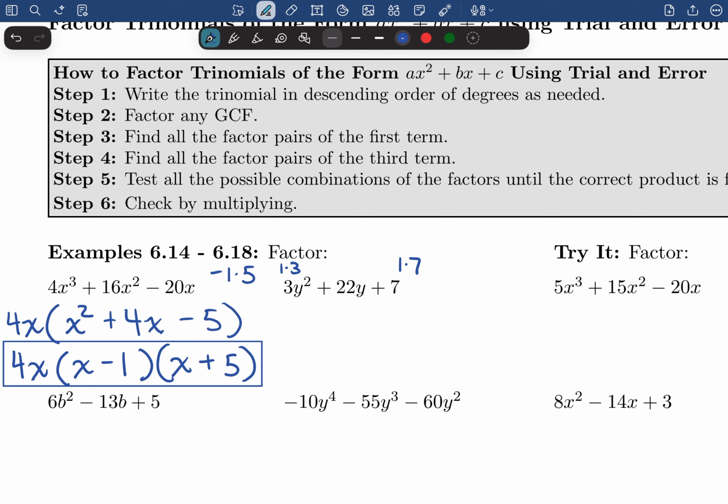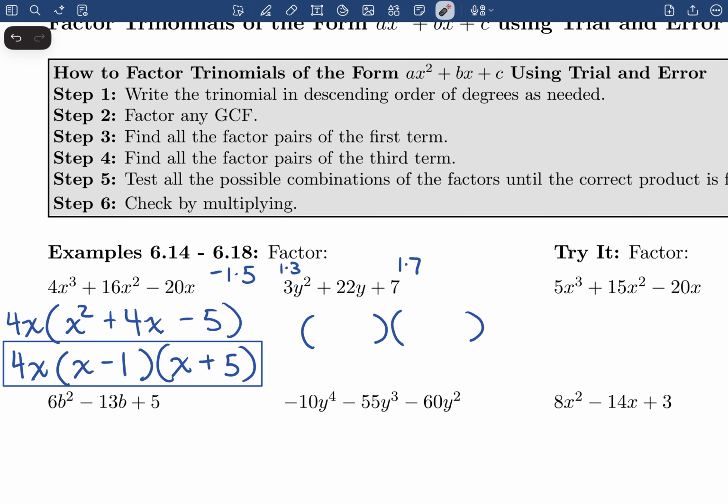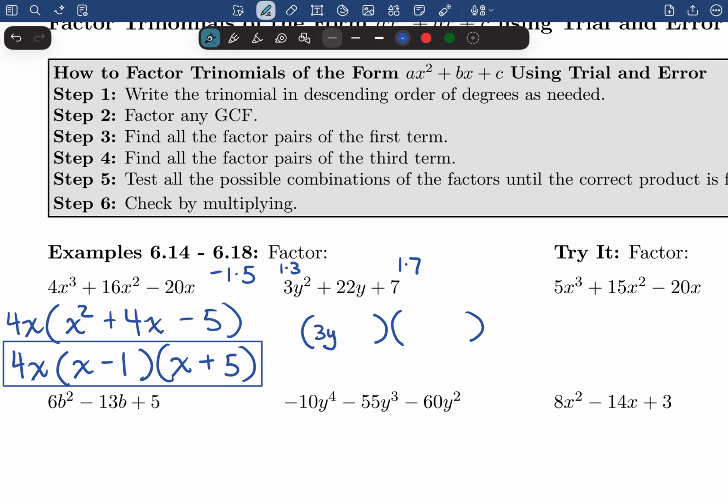Okay, so now I'm going to write the parentheses of the two binomials that I'm factoring. And in the parentheses, yes, I'm going to put y and y, but I'm not just going to put y and y. I'm going to put 1y and 3y because those are the factors that go with y squared. Some people like to put the larger one first, so I'll do that, 3y, and then I'll put the 1y here.